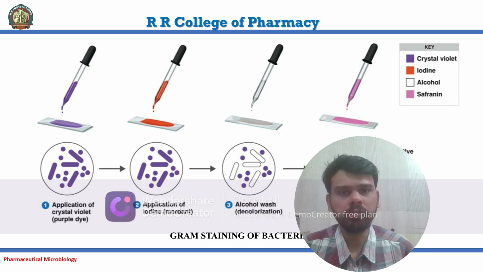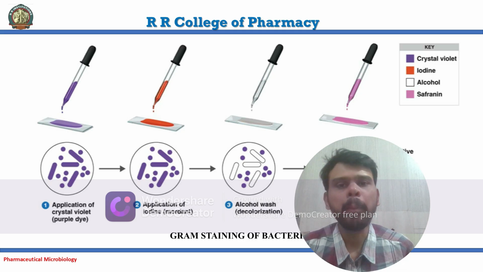After incubation of 24 hours, we need to take the nutrient broth and perform the experiment. First step, we need to take the glass slide. On that glass slide, we need to take the broth containing the microbial sample.